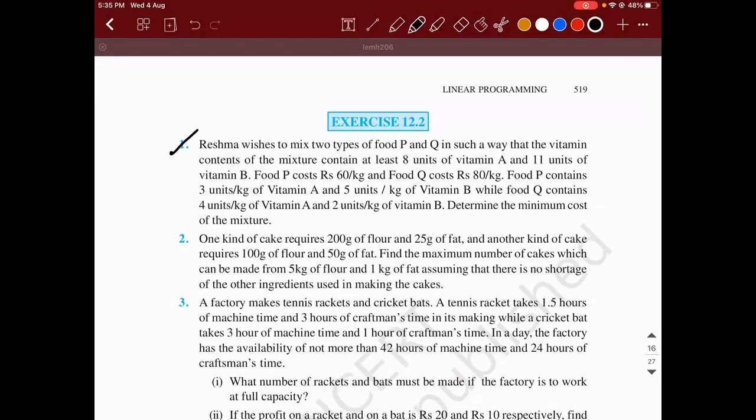Actually, you need not do the direct problem. Don't waste your time because direct problems will always be about unbounded regions. So you need not do it.